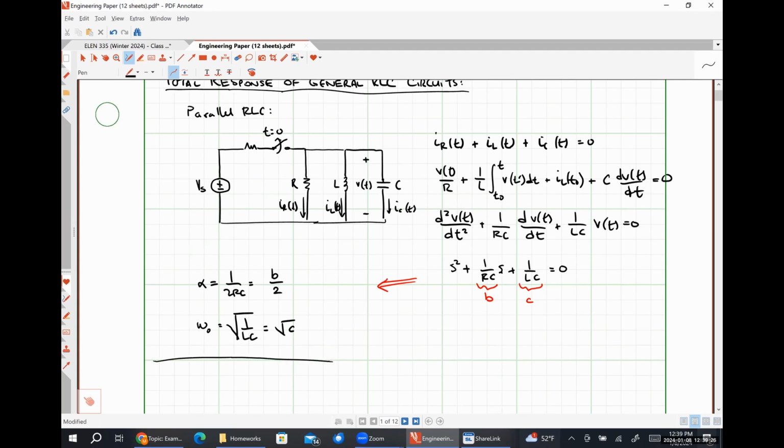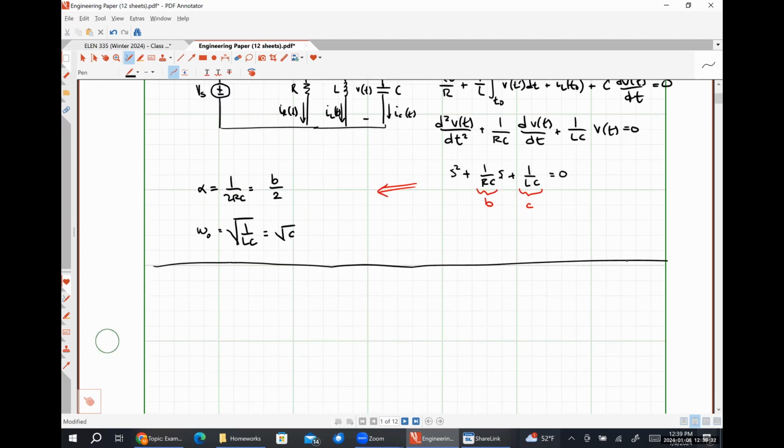Now, let's look very briefly at a series RLC circuit.